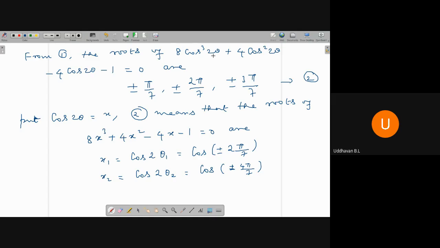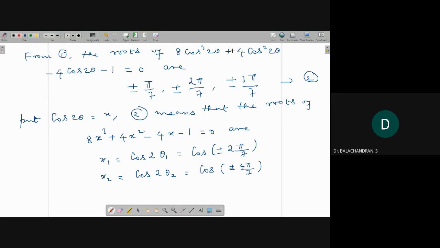Yes, you can substitute here, but I need the equation. If you substitute here, you will get 0, since these are the roots of this equation. Okay, sir. I need an equation whose roots are these.